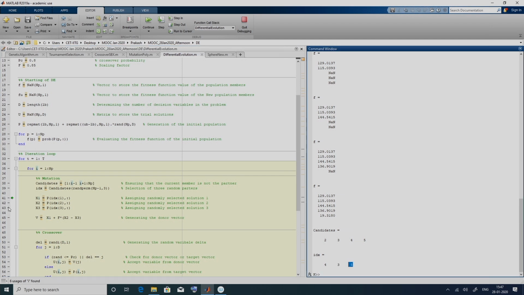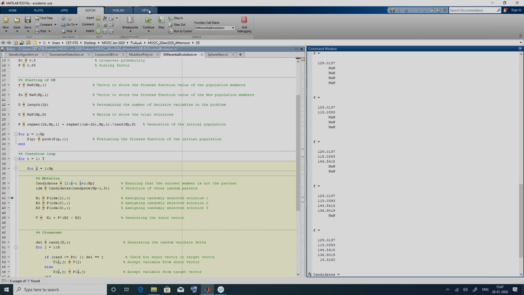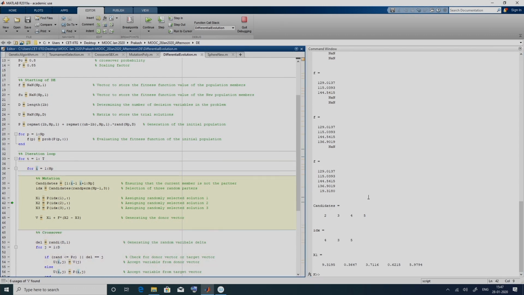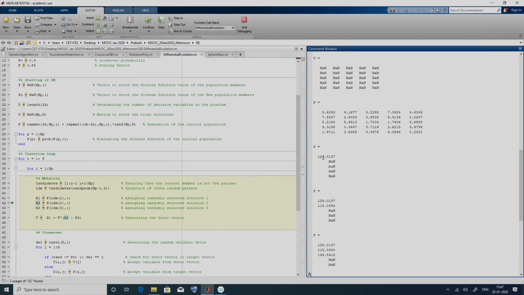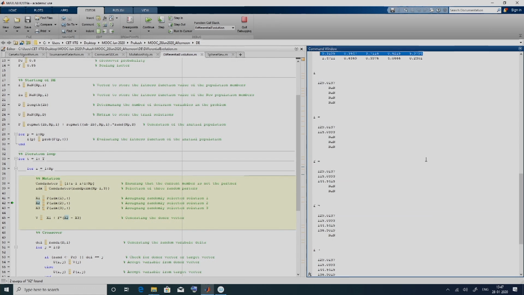So, in lines 41, 42, 43 we are just going to assign the corresponding solution to x1, x2, x3, right. So, P, if we see, this is the original population, IDX is 4, 3, 5. So, IDX of 1 is 4. So, x1 will be the 4th solution, right. So, let us just see that. So, x1 is this one, right, and if we look at the population, the 4th solution is 9.3195, 0.3647 and so on.